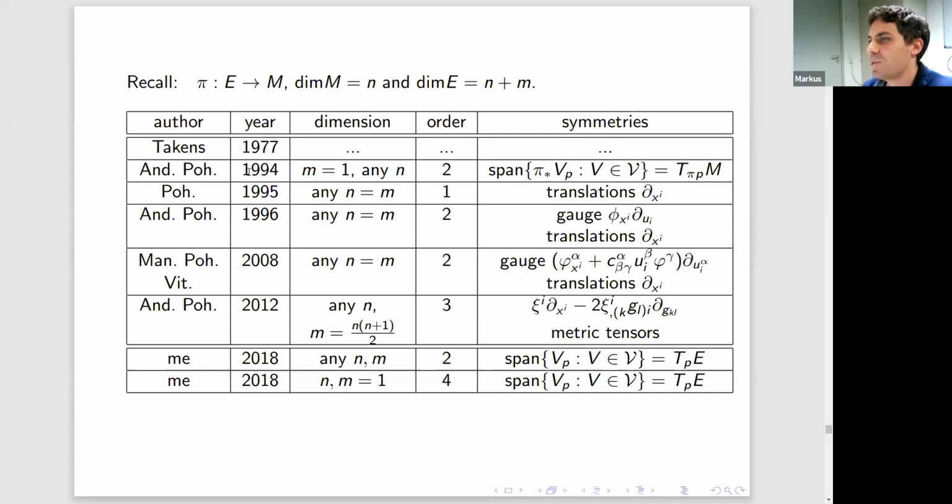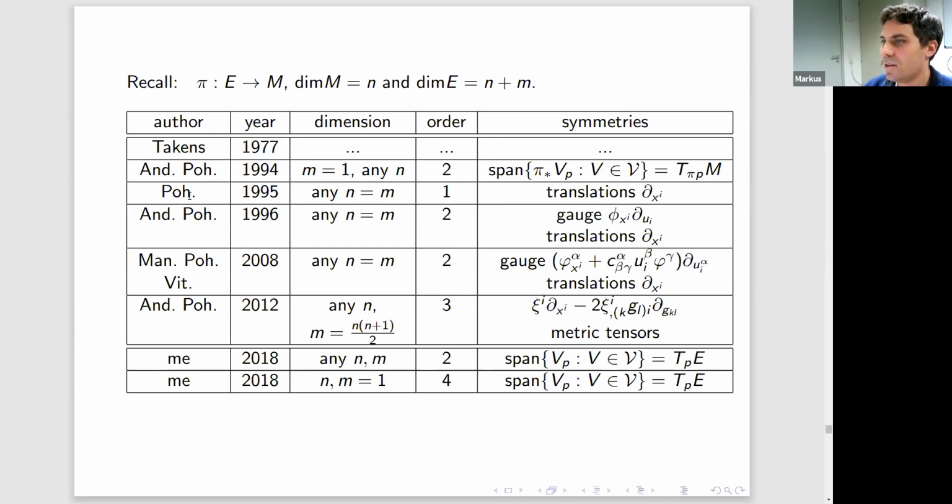So the first one was in 1994. There they considered scalar equations, so that's why m is equal 1. So no systems, only one equation, but a PDE, so for any n of second order. And then they had shown with a similar formulation that if you have this span condition, which is different from mine, then your scalar PDE must be variational.